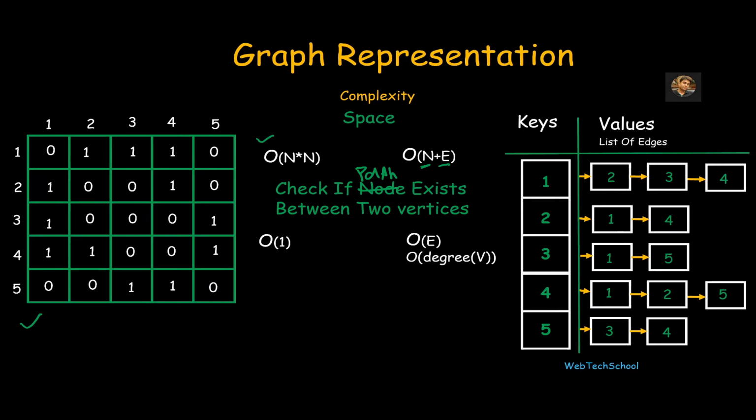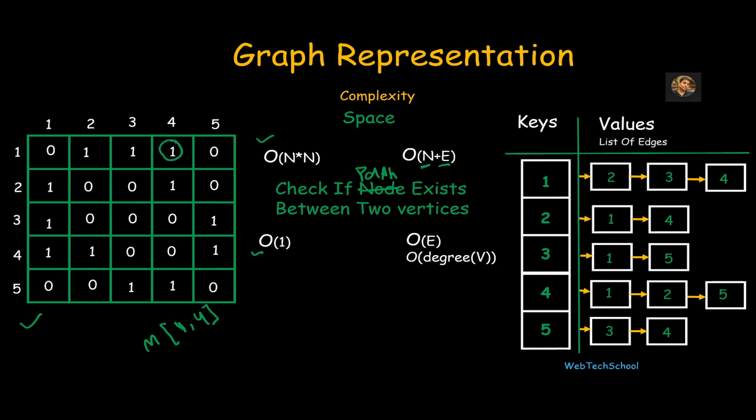In the adjacency matrix approach, we can straight away go to the cell location 1, 4. If the value is 1, that means there is a path present. So the time complexity for finding out if a path exists between two vertices or not is big O of 1 in case of an adjacency matrix.